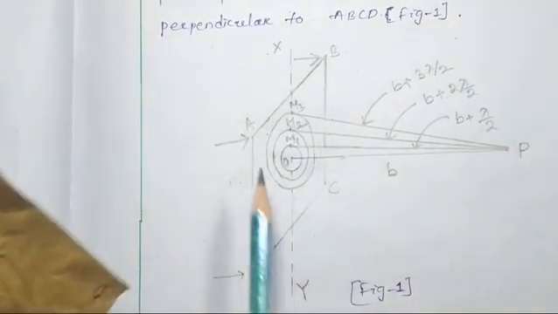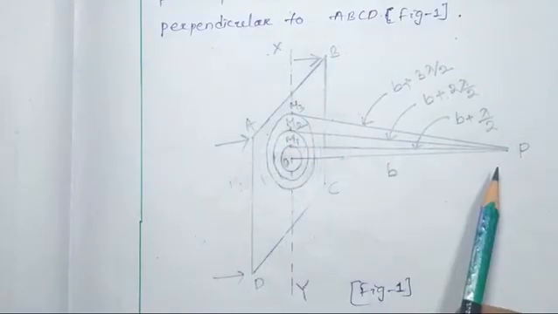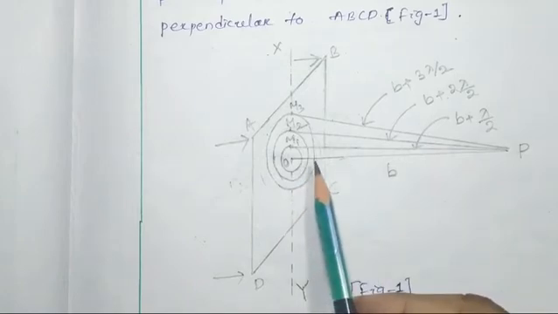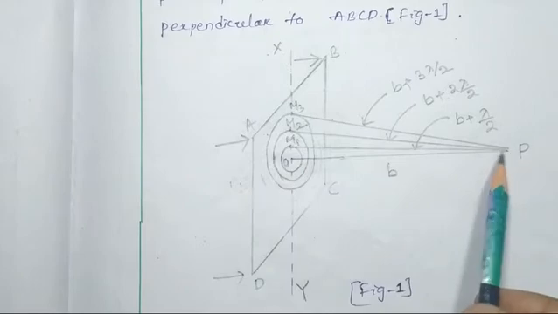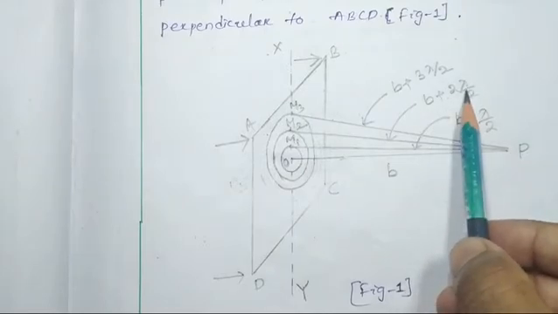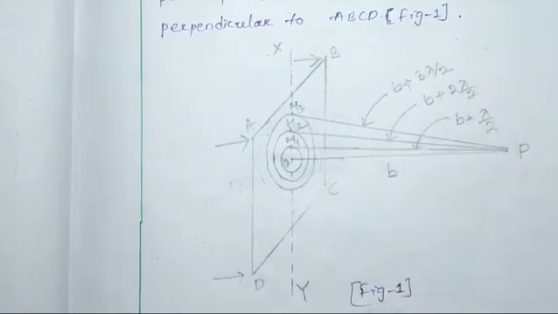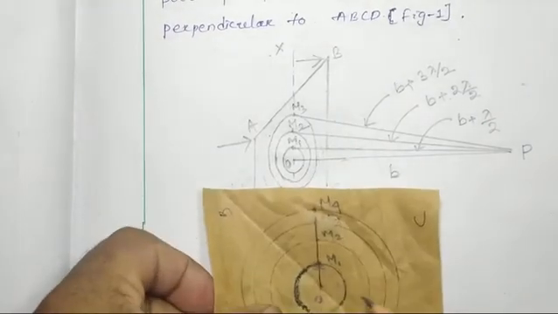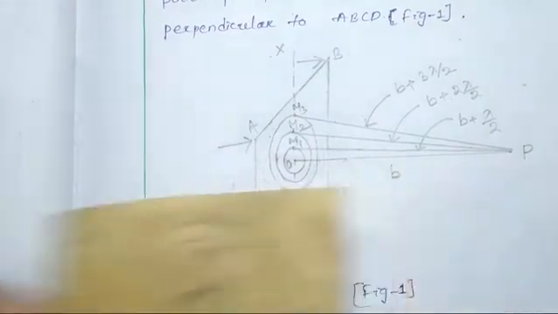And if we consider M2, the path from M2 to P, as compared to OP, will be B plus 2 lambda by 2. From M3 to P, B plus 3 lambda by 2. But the half period zone is nothing but this area, called the first half period zone, this area the second half period zone, like that.